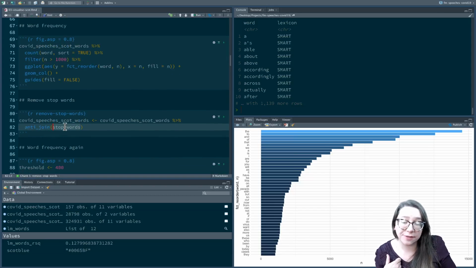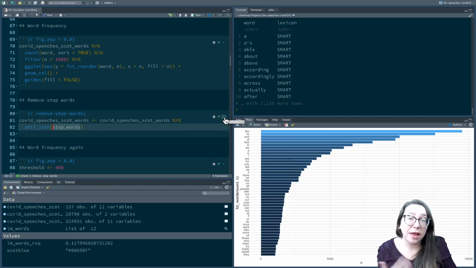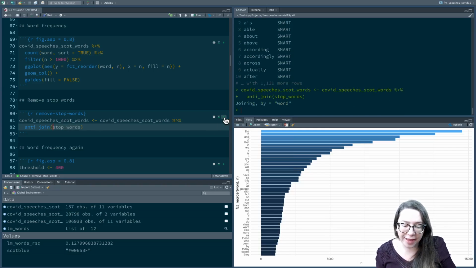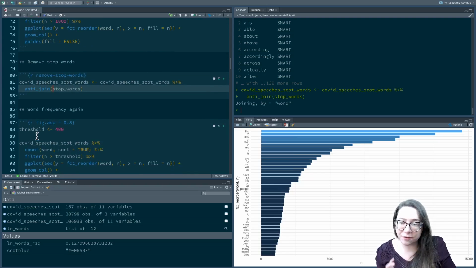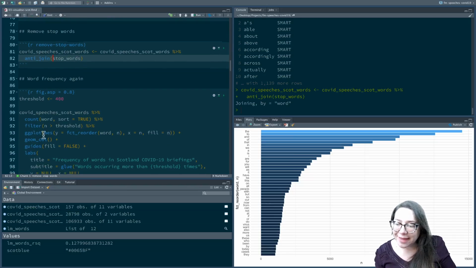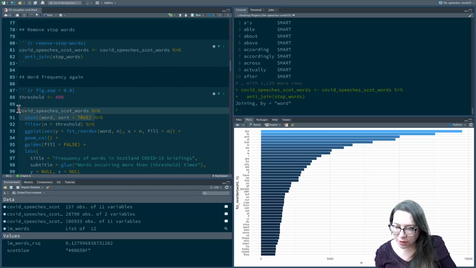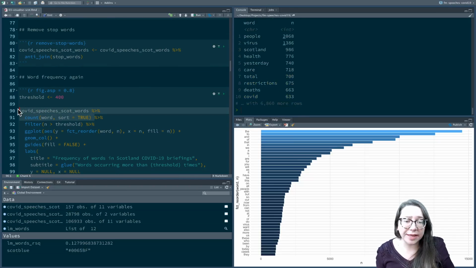This list of stop words comes with the tidytext package, which also leverages other packages that work on natural language processing for collecting this information. So we're going to go ahead and anti-join this data frame of stop words, and then let's take a look at our counts again.